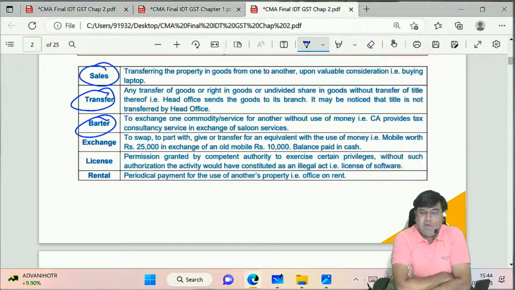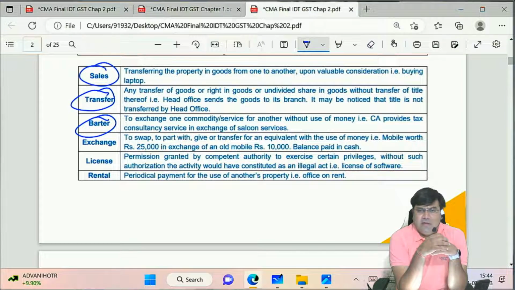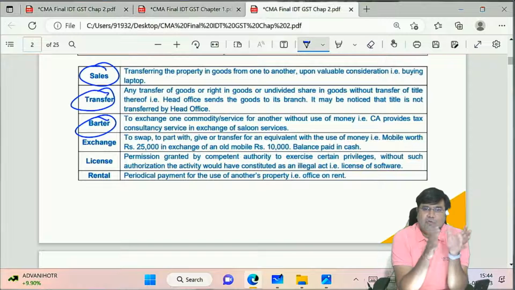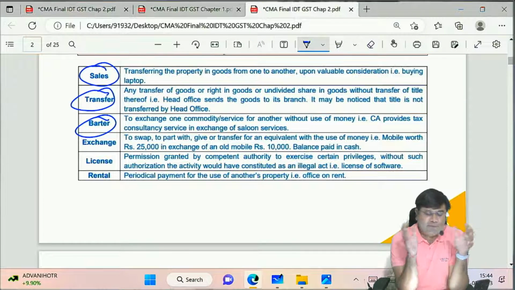So if you have any work, please give me that work. So I said to him, okay, March is coming. Why don't you file the return for me? So I am going to give you IDT classes. You file the return for me. So he accepted my proposal.